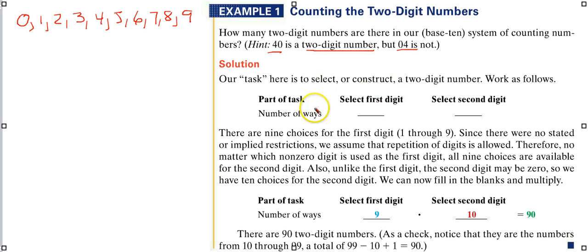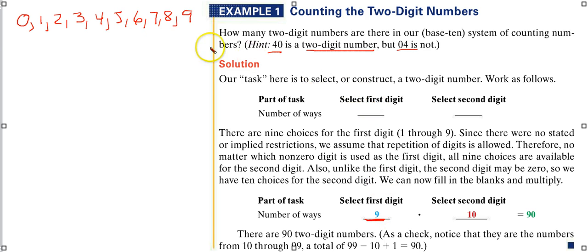So as we think of it, if we're going to have a 2-digit number, how many of these symbols can we use? Now they're saying for the first spot, you can't use all of them. There would be 10 here, but you can't use the 0 as the first digit. So the number of ways to select the first digit, there's only 9 of them.